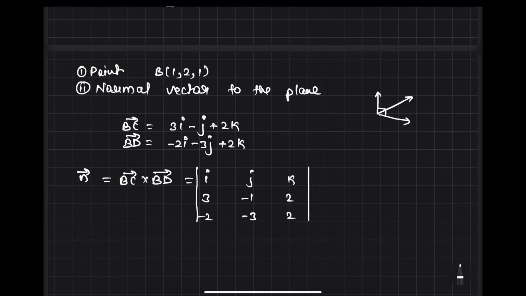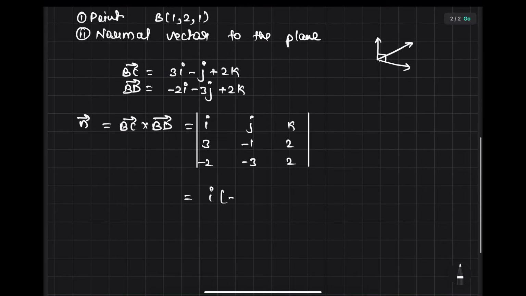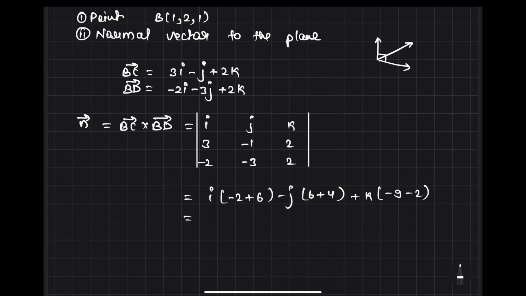Now let's open this determinant. i is minus 2 plus 6, minus j is 6 plus 4, then k is minus 9 minus 2. So we got 4i minus 10j minus 11k.